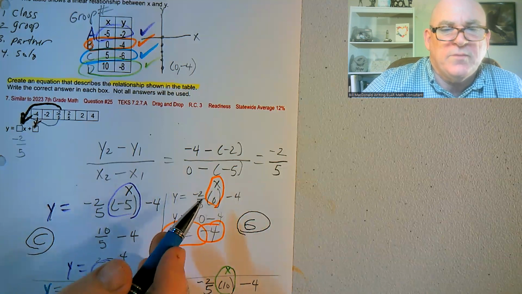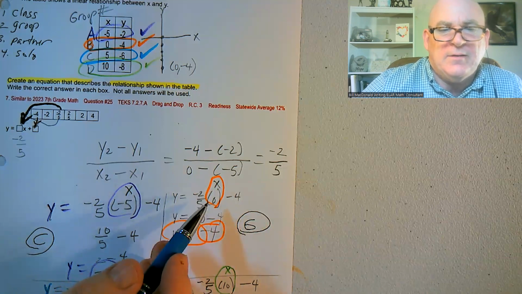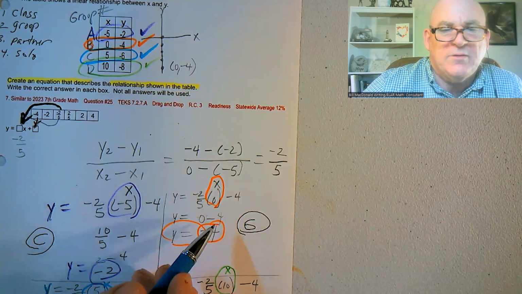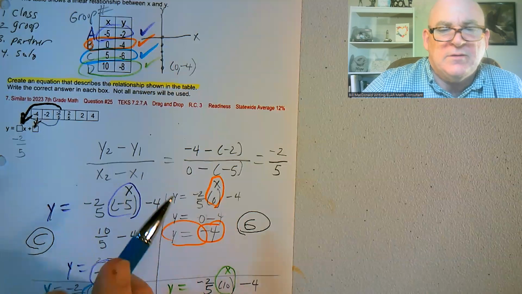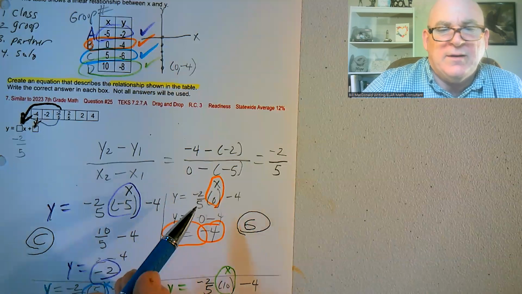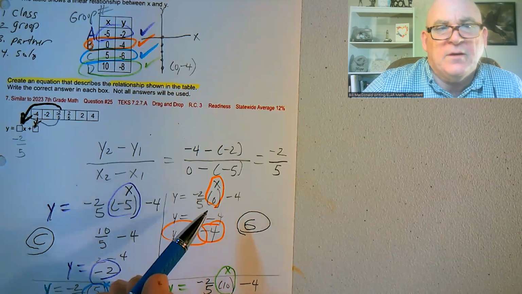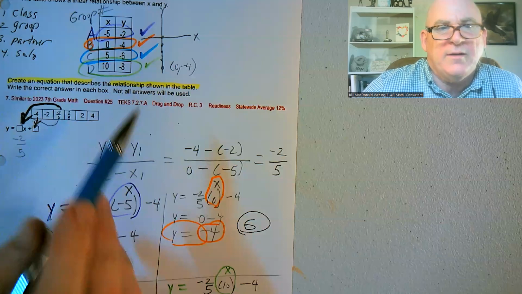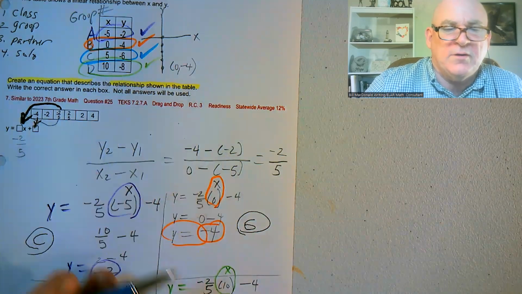Y equals anything times 0 is 0, so y equals 0 minus 4. Y equals a -4. Let's double check. When x is 0, y is -4. It worked.